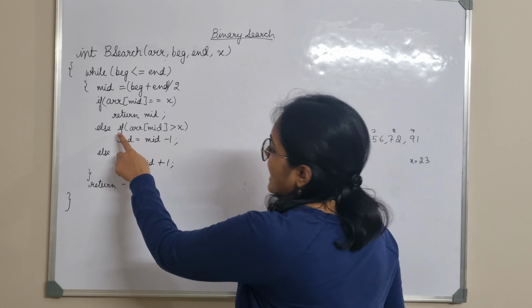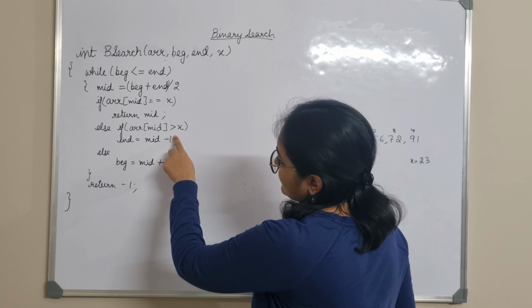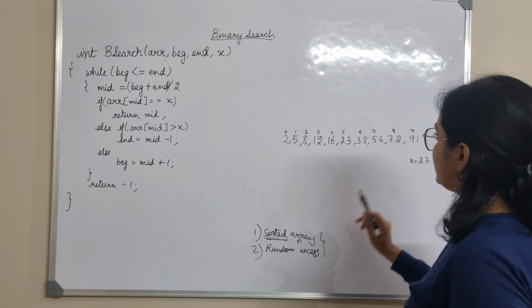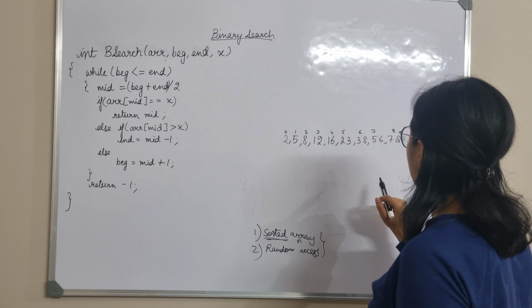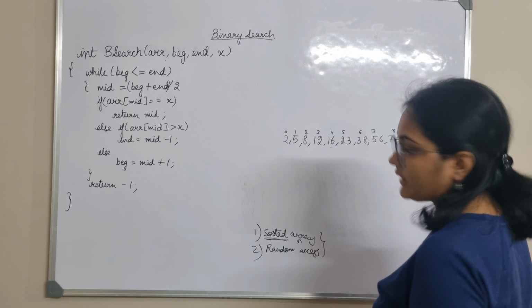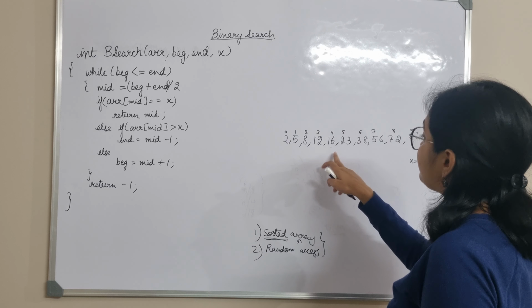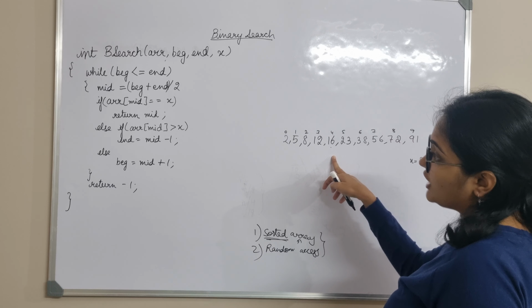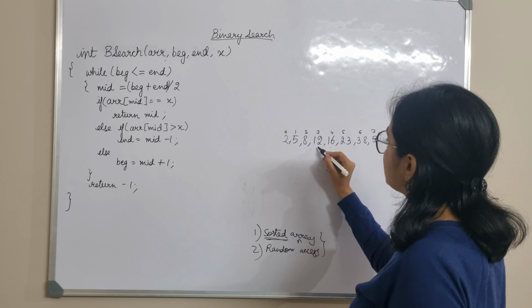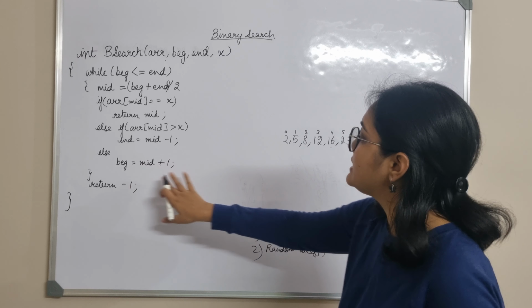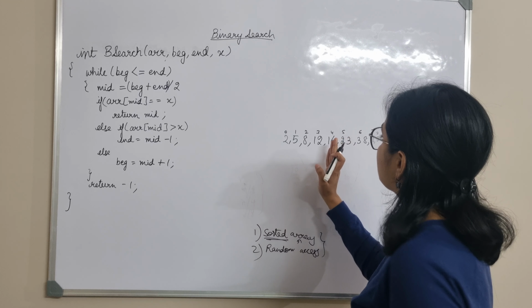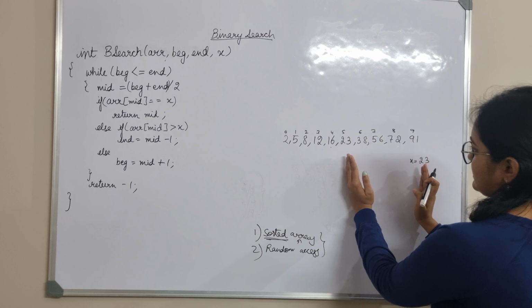Otherwise, else if array of mid is greater than x, you reduce the search space here. Otherwise, if array of mid is less than x, you reduce it to here, or you go into this.